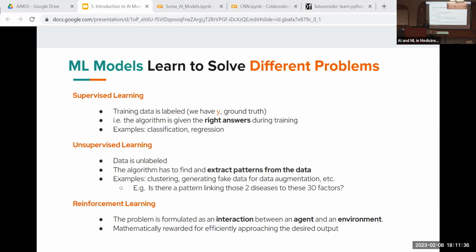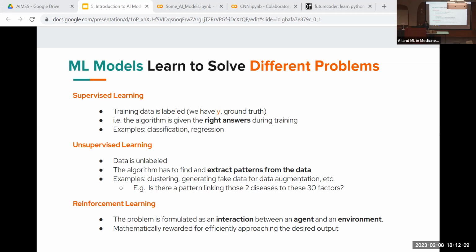So we try to find, for example, clusters in the data where each member of the cluster is more similar to the other members of that cluster compared to other clusters. An example of this unsupervised learning problem in medicine can be answering the question: is there a pattern linking these two diseases to these factors or not?